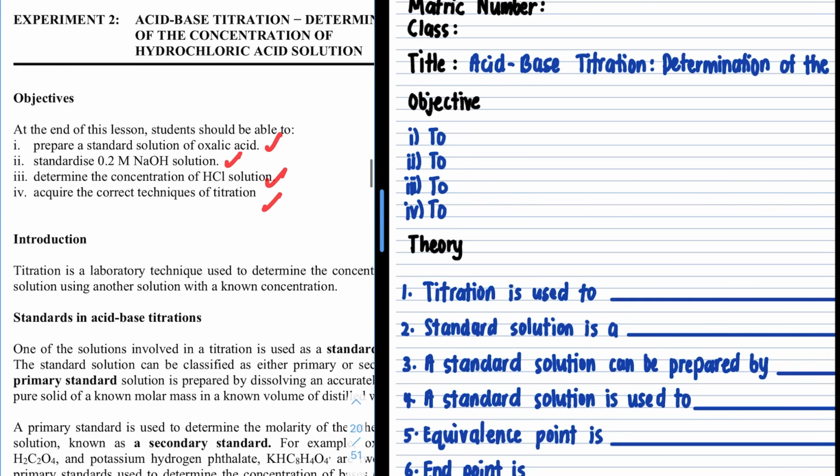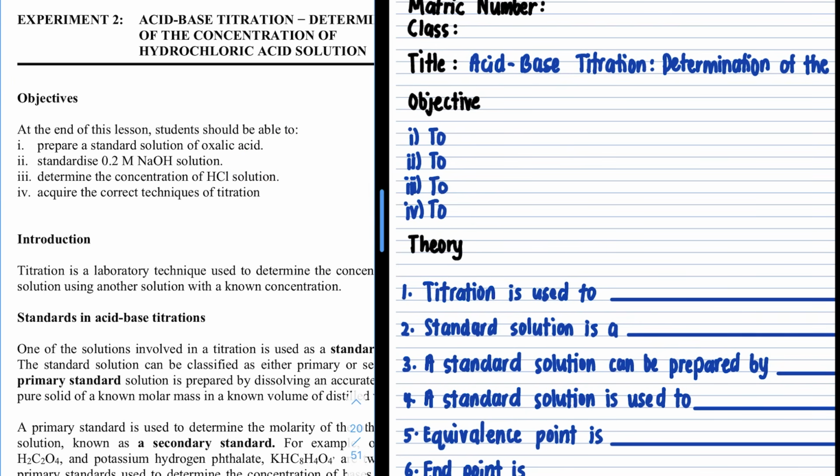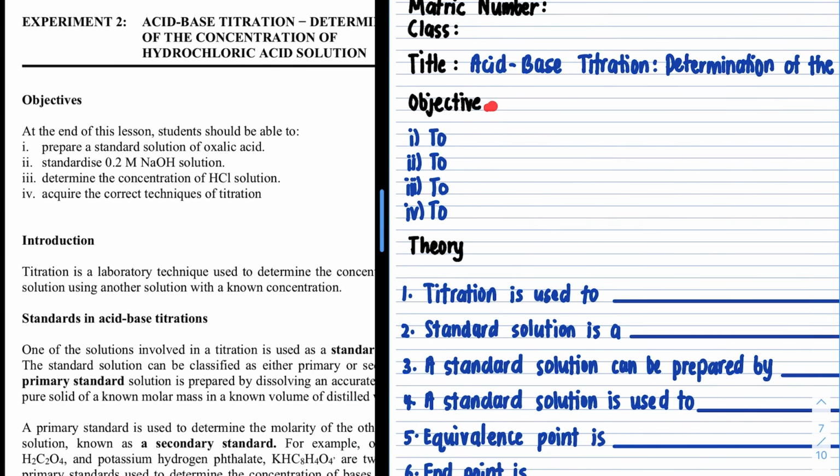To write down, we just write: to prepare a standard solution of oxalic acid, to standardize 0.2 molar NaOH solution, to determine the concentration of HCl solution, and to acquire the correct technique of titration. So for this experiment, this is the objective. Okay, so you have finished writing down the objective for your lab report.